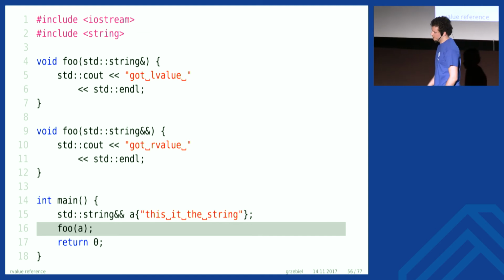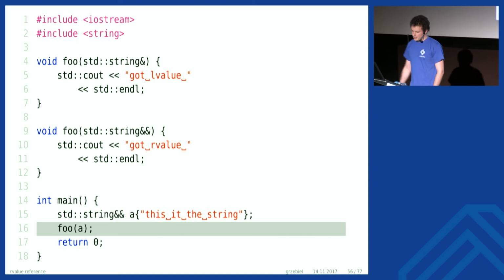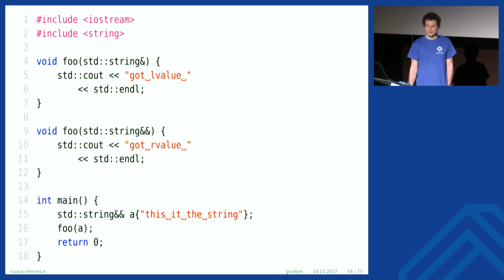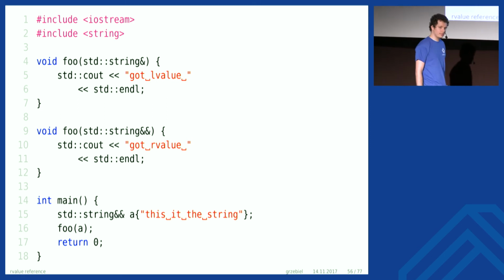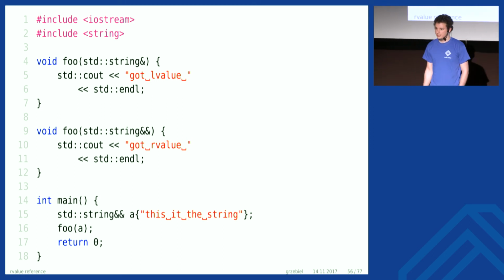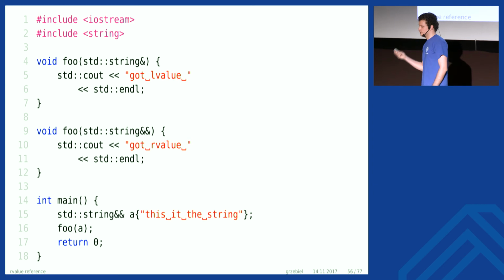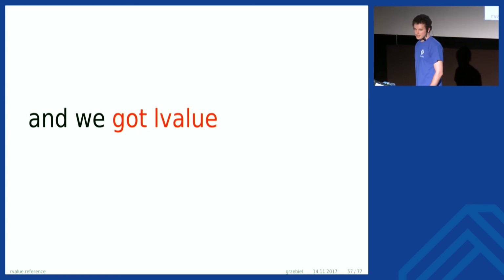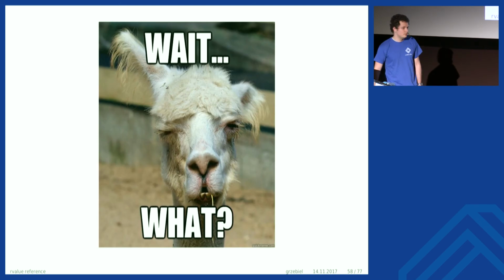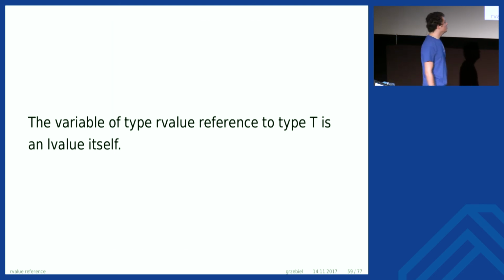Whoever has experience with R-value references already knows that this is not quite the output that someone encountering R-value references for the first time can expect. So the output is: we got L-value. And again, weird face.